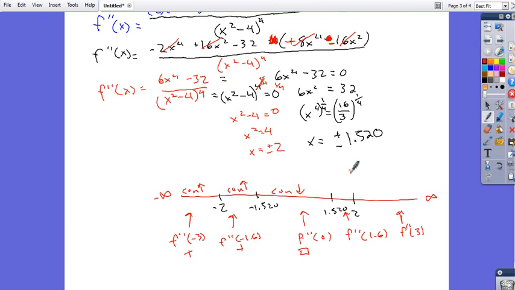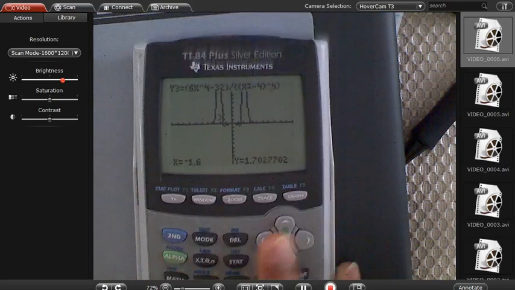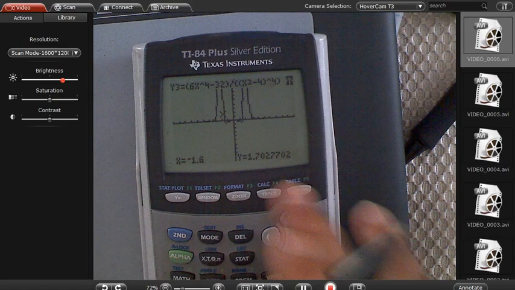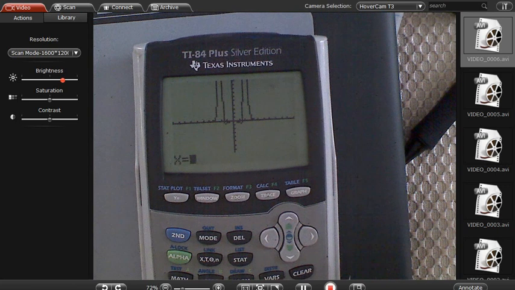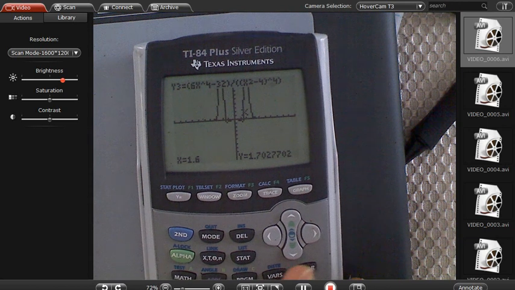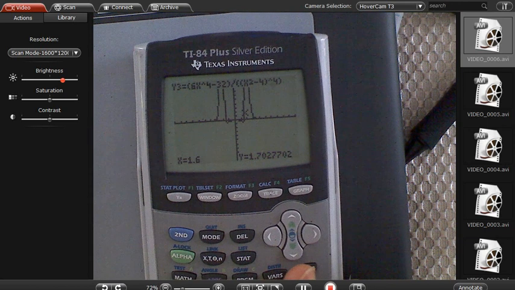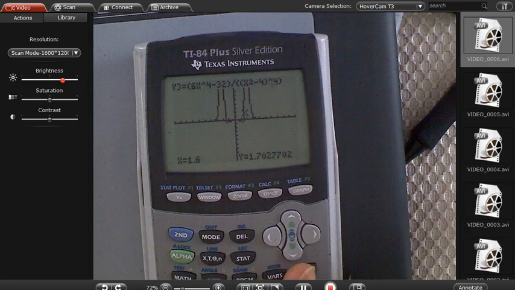I have a sneaky suspicion it's going to be the same as the other one. Alright, so let's do the same thing. Second, calculate, value, x equals 1.6. Yeah, 1.7. It's positive again. Okay, so positive.